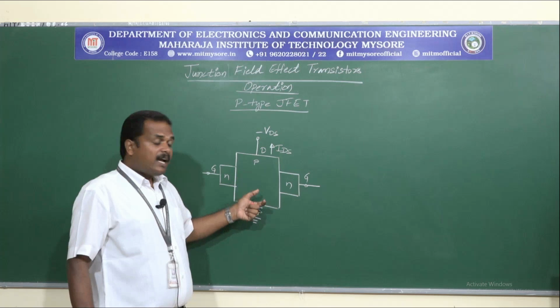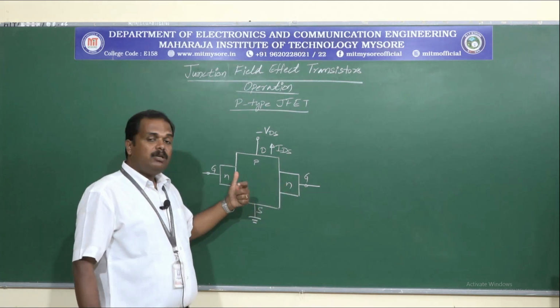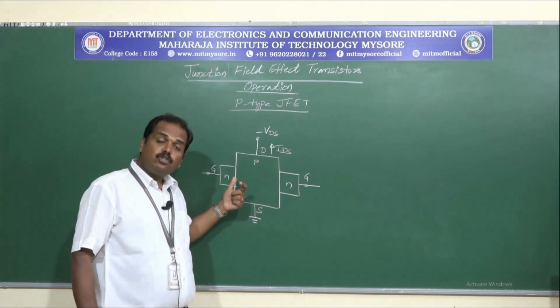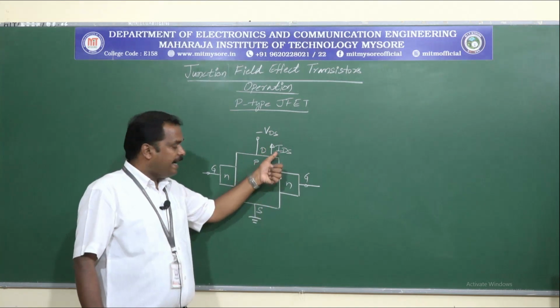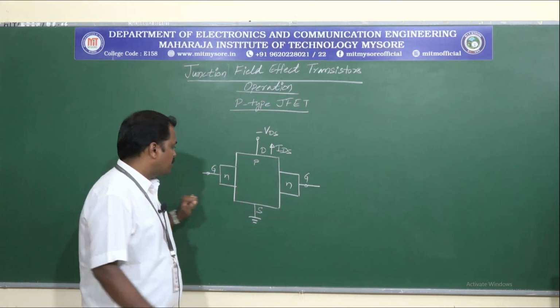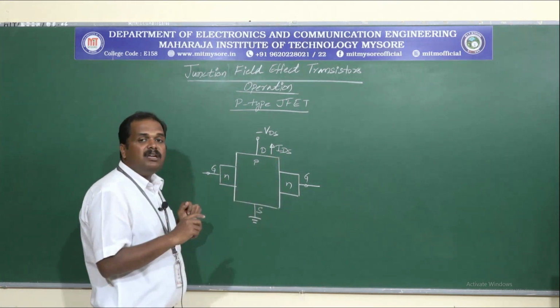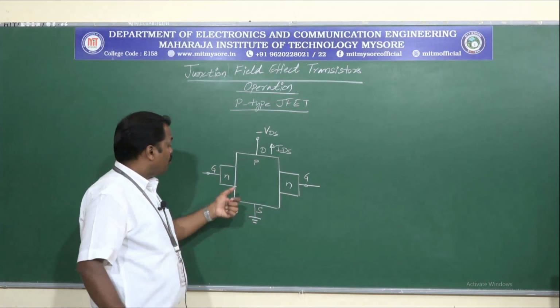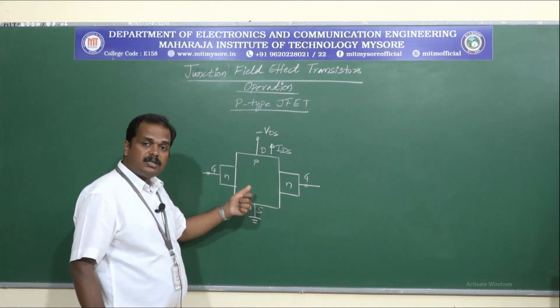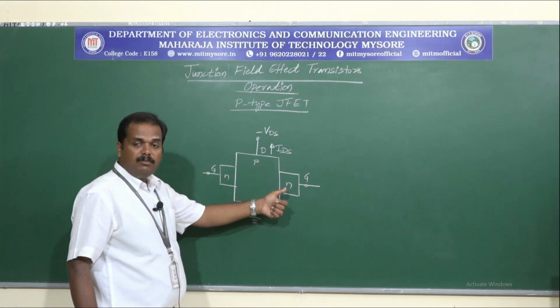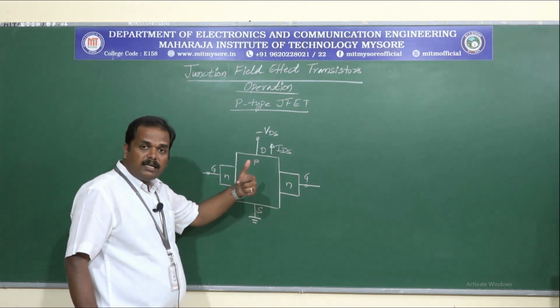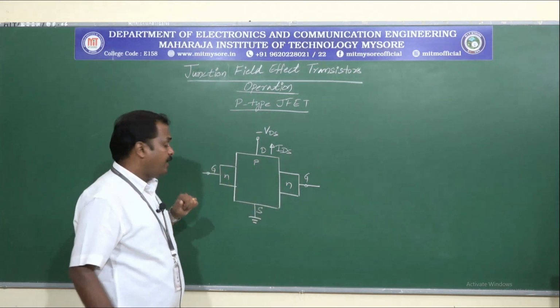Now to understand the effect of the gate to source voltage on the IDS, let us make the two PN junctions reverse biased. In order to make these two junctions reverse biased, the gate terminals need to be connected to a positive gate to source voltage.